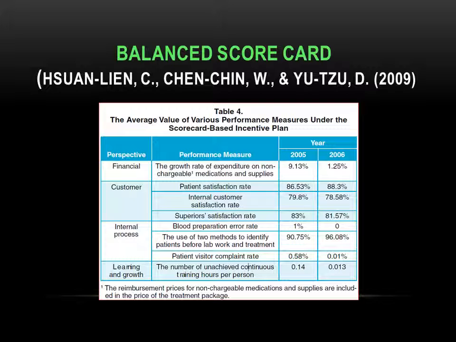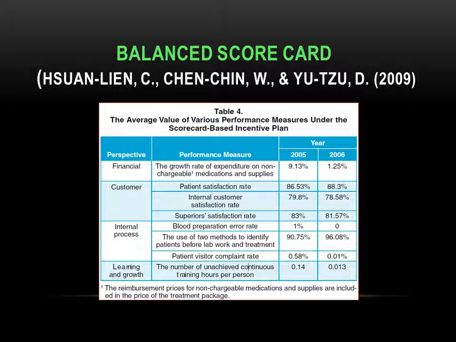Below is an example of a balanced scorecard. The table is entitled The Average Value of Various Performance Measures under Scorecard-Based Incentive Plan. There are three columns. The first column is perspective, the second column is performance measure, the third column is the year.